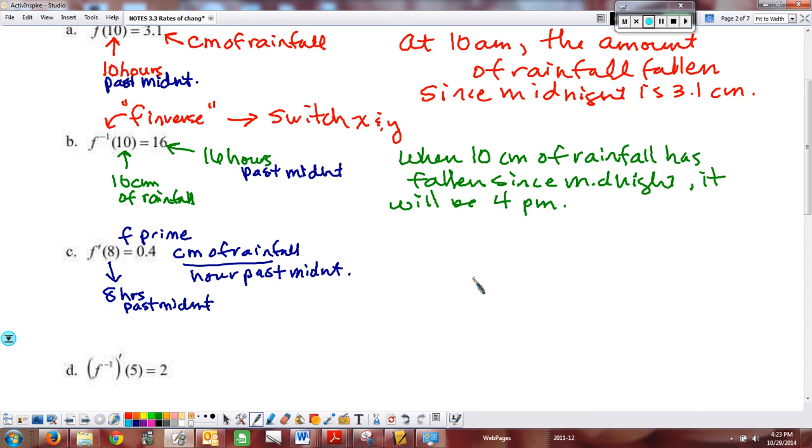All right, and then here we are, we're going to interpret this. Our interpretation, our when, at 8 a.m., our what, our amount of rainfall. And what is our amount of rainfall doing? Is it increasing or decreasing at this point?